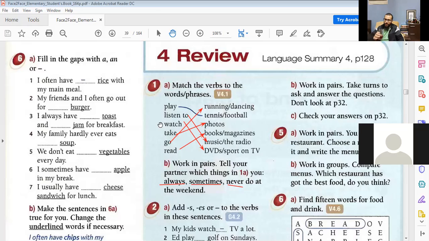I sometimes cook cake at the weekend. Nice. Okay. Okay. I'm going to ask you a question here.